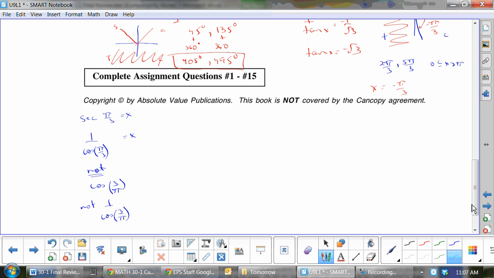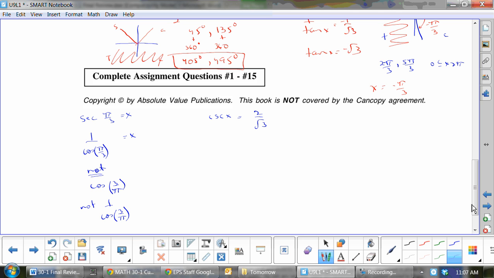Now, what if I gave you something like this? Cosecant x equals 2 over root 3. Now, do you see how these are starting to get mixed up with the other ones? Because people are like, what? Which ones do I flip?